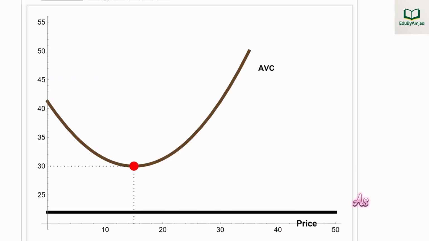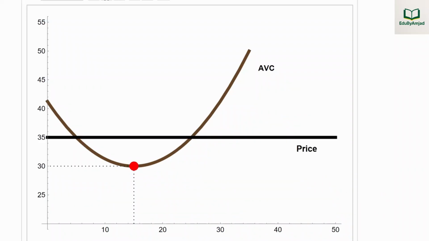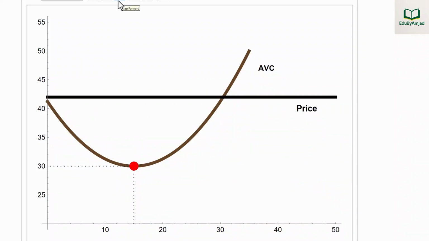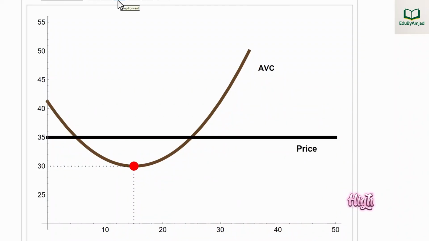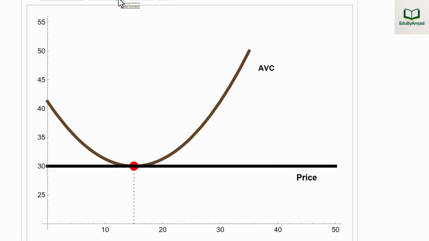Now watch what happens as market price falls. The horizontal price line starts high, above AVC. The firm produces. As price falls, the price line moves downward. The moment price touches the minimum of AVC, the firm is exactly indifferent between producing and shutting down.